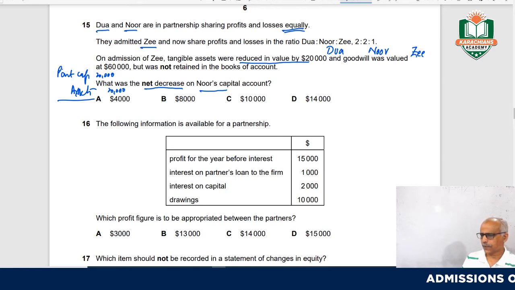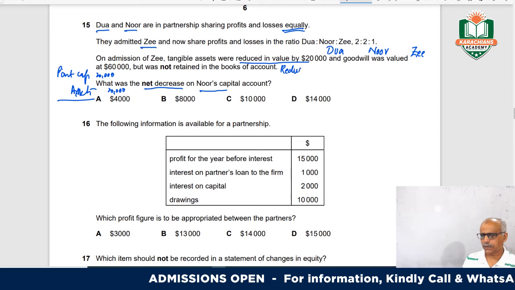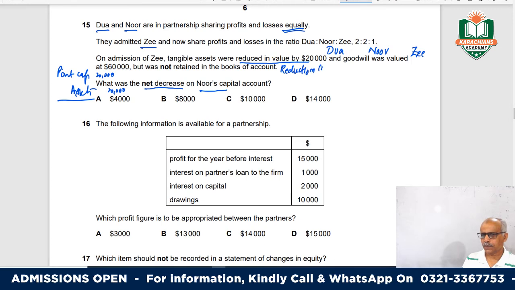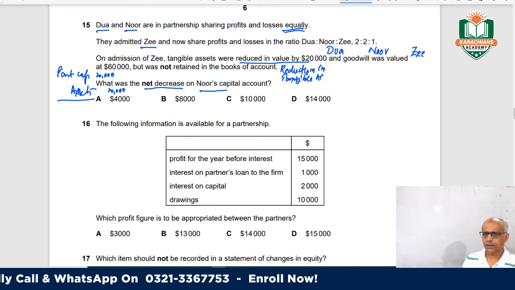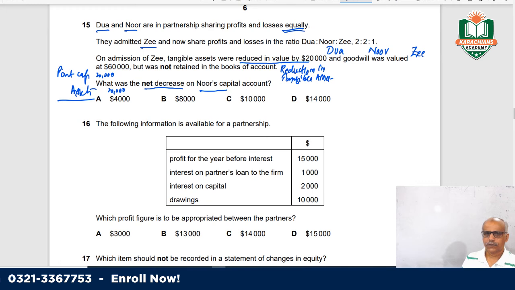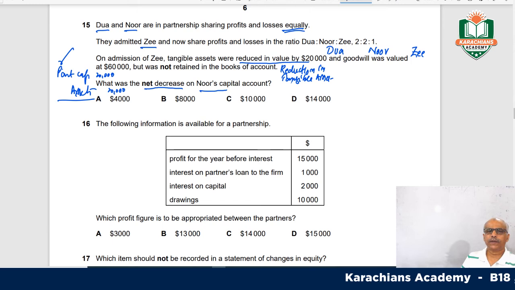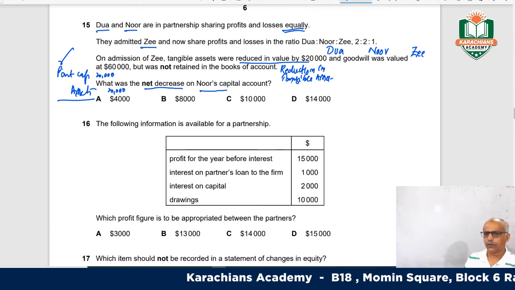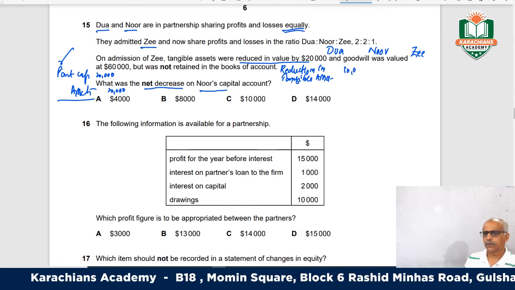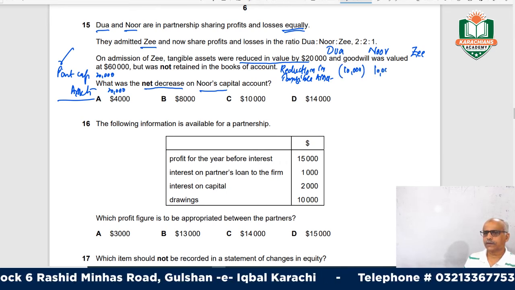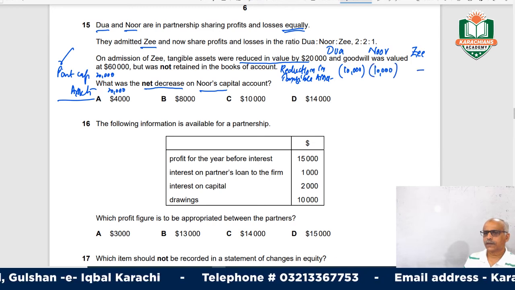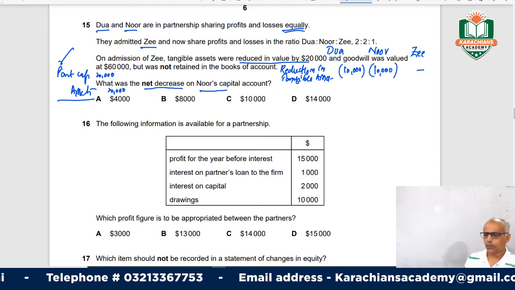So there is a reduction in tangible assets, and the partners' capital will be debited by 20,000. They are equal partners, so 10,000 will come to Dua, who will have to bear it, and 10,000 Noor will have to bear. Nothing for Z. And then what happened?